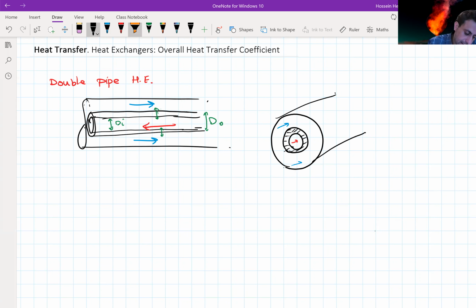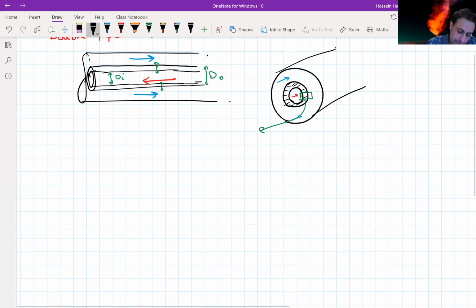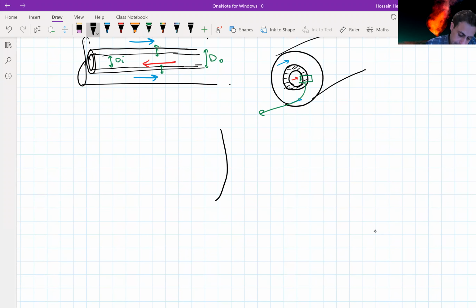Now if I look at a small part of that, if I take this wall and just exaggerate here, this is what we are going to see.